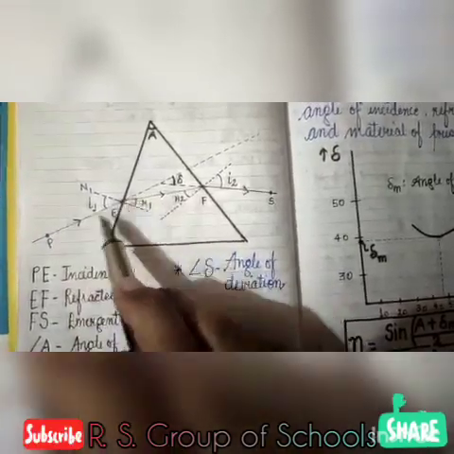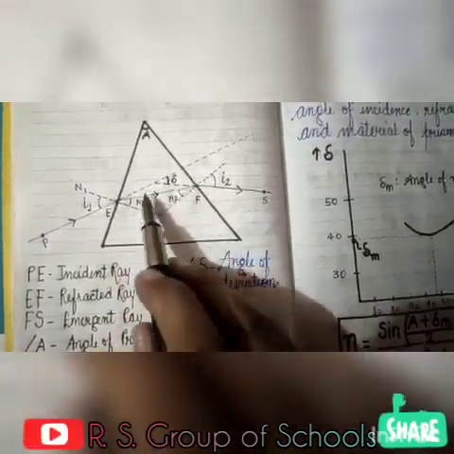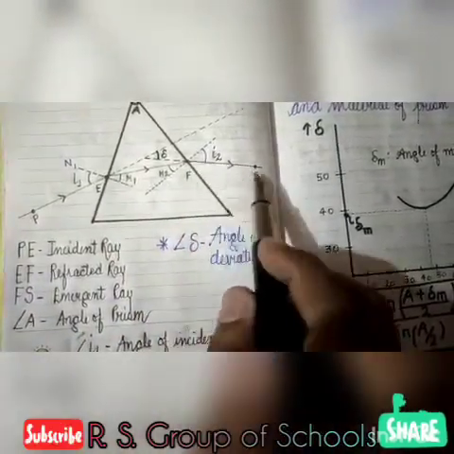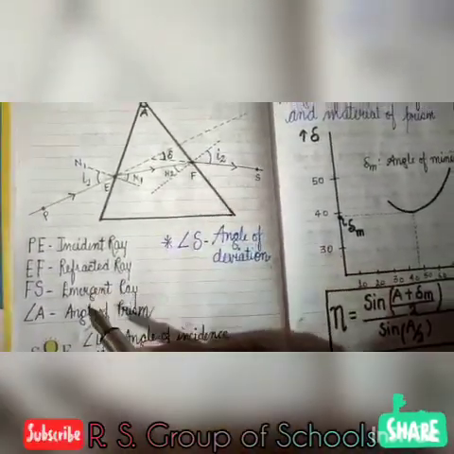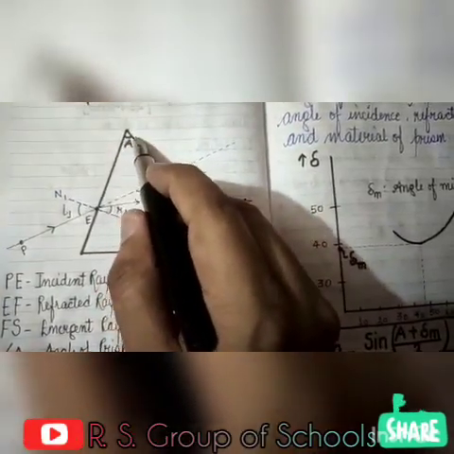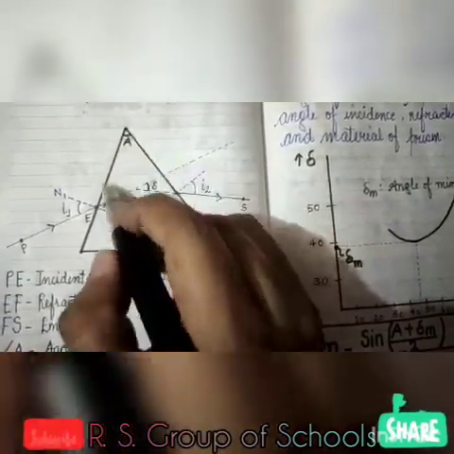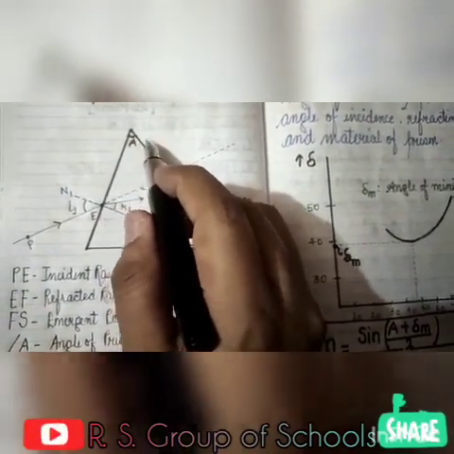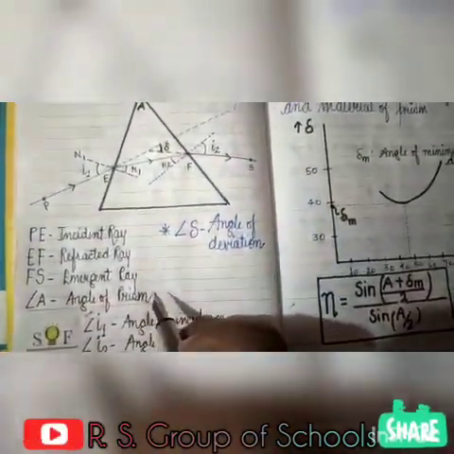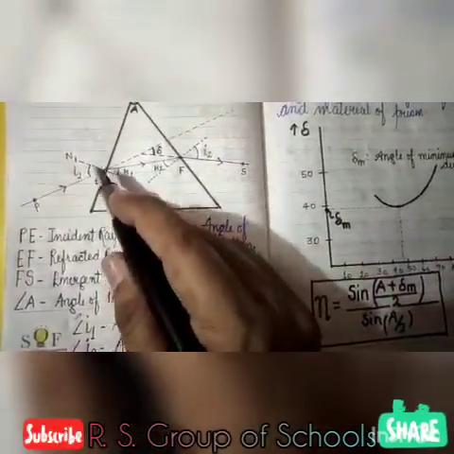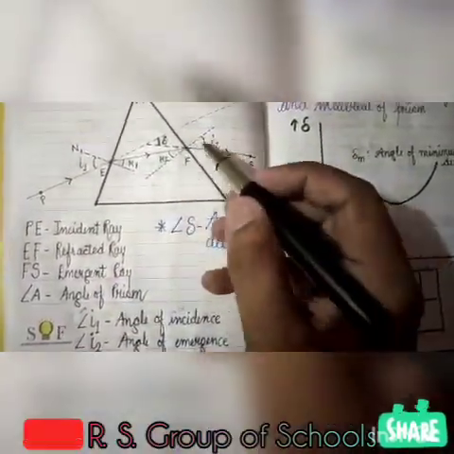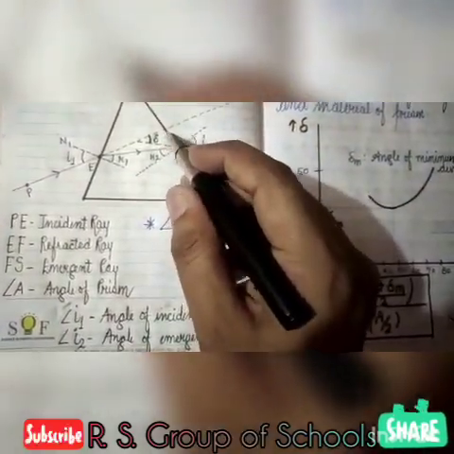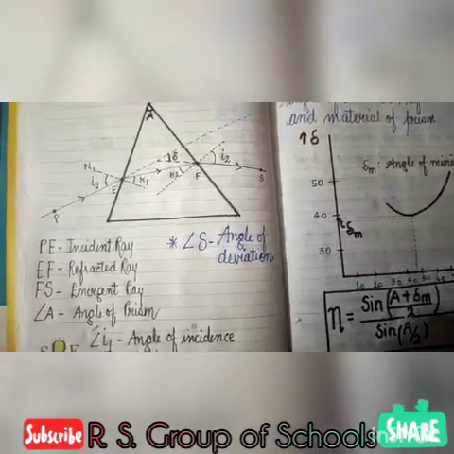The PE part is incident ray, EF part is refracted ray, FS part is emergent ray. This angle between refracting surfaces is the angle of prism or refracting angle. So angle A is angle of prism, I1 angle of incidence, I2 angle of emergence, and this one, delta, is the angle of deviation.